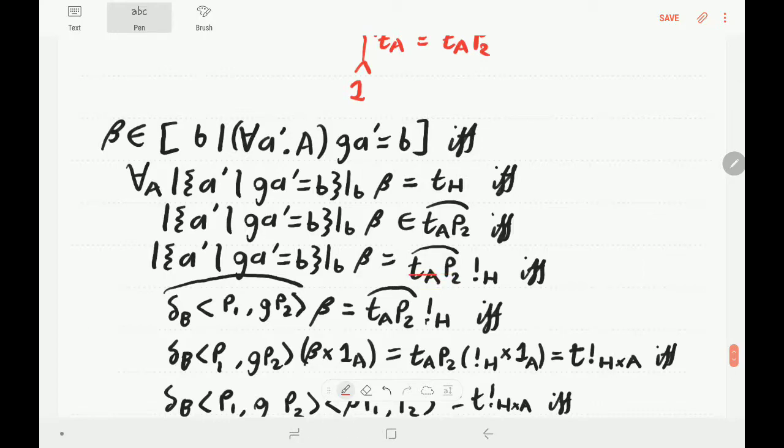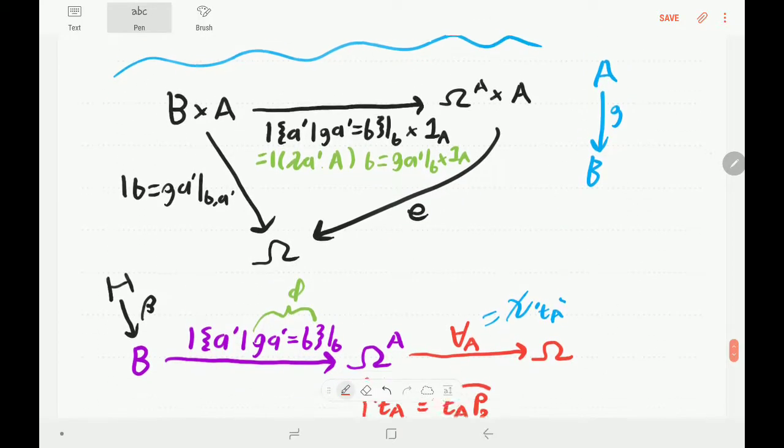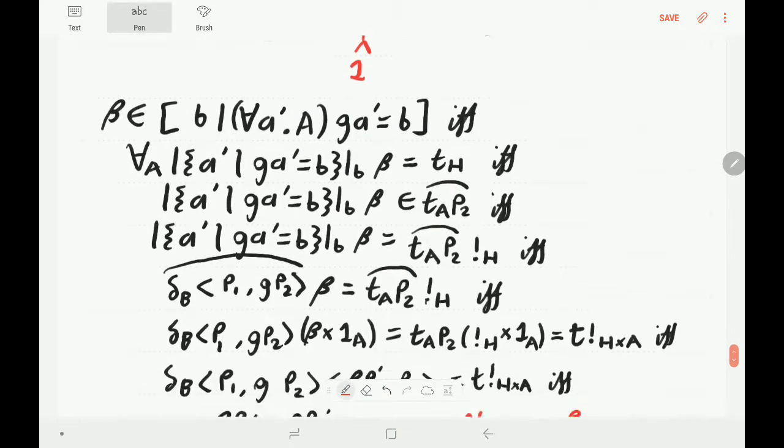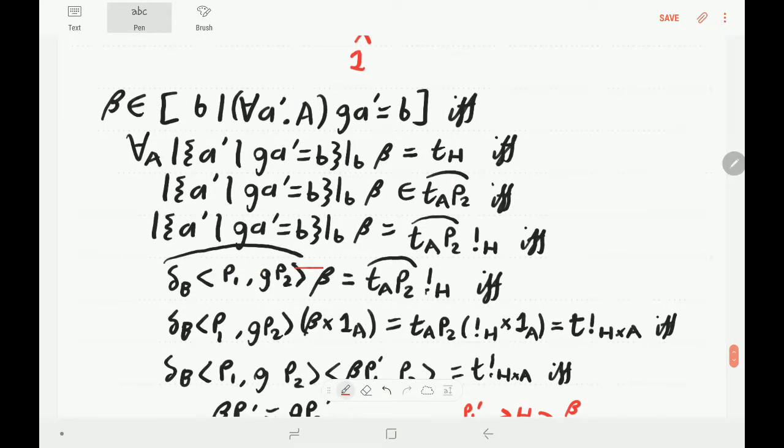Now, we know what this set builder notation means. It's just an abbreviation for this lambda notation, and we evaluated it already to be transpose of delta B after P1 comma GP2 after beta, and that's equal to this transpose here.